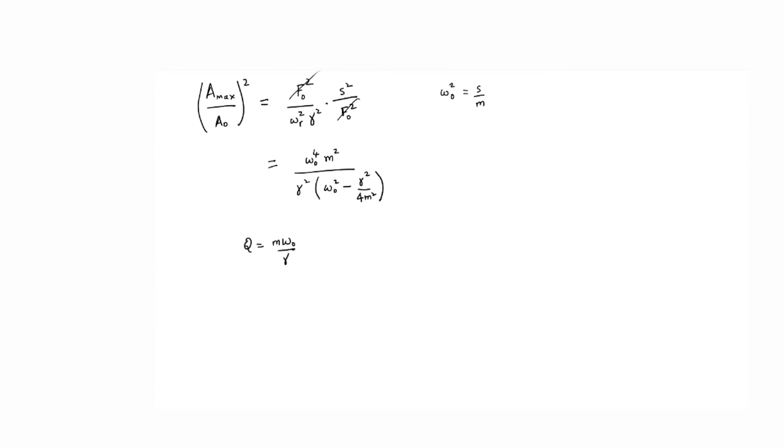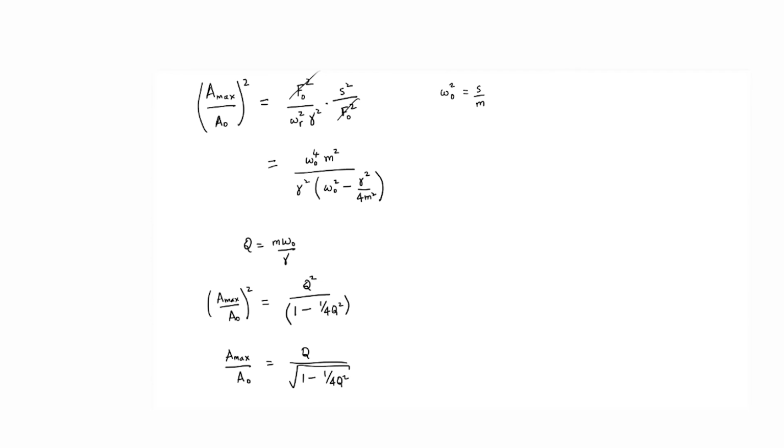So, it becomes very easy to manipulate this to write it in terms of Q values. So, in a very straightforward way, you could write A max by A 0 to be equal to Q square divided by 1 minus 1 by 4 Q square. Further, you take off the square root from here, and that will give me Q divided by square root of 1 minus 1 by 4 Q square.